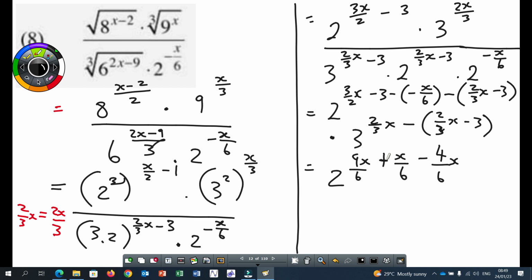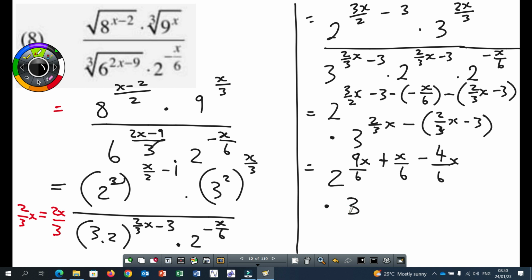Then 3 over 2x becomes 9x over 6. Then we have got a minus here, and that minus becomes a plus. Then we have got this minus here, it remains a minus. Okay, so it's fine now, isn't it? Is it okay now? Yes. All right.